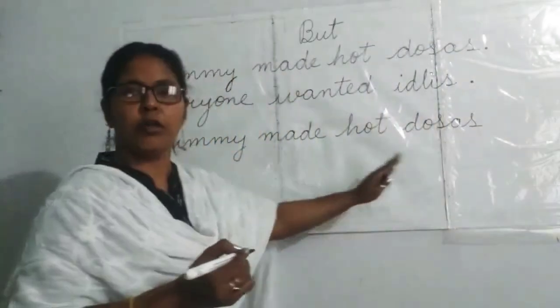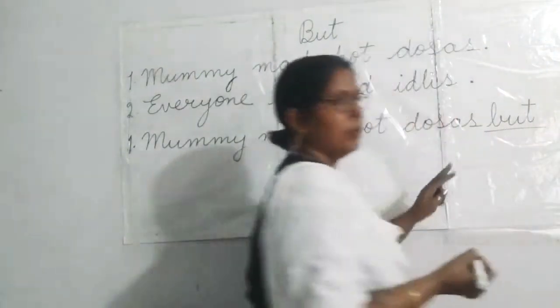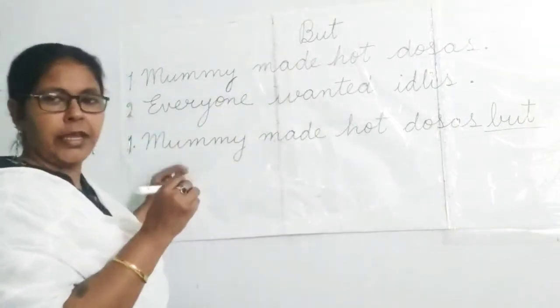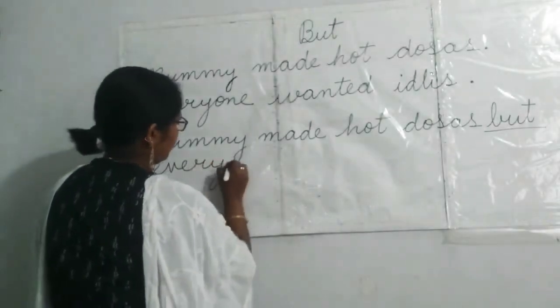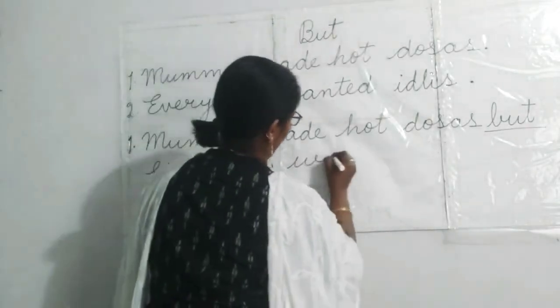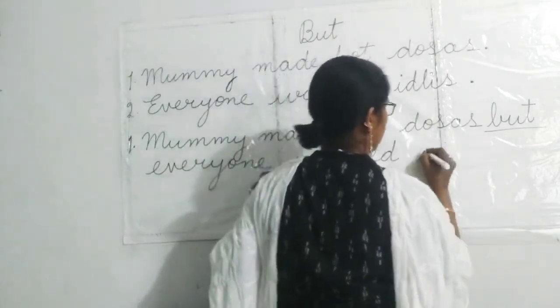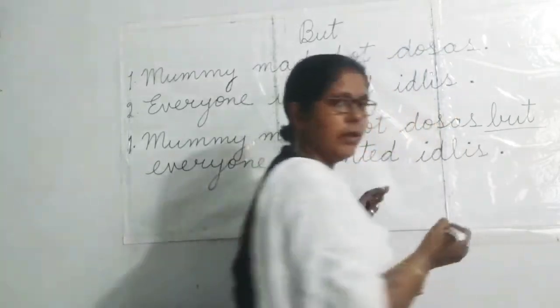Mummy made hot dosas, but second one exactly the same, starting with a small letter. Everyone wanted idlis. Okay.